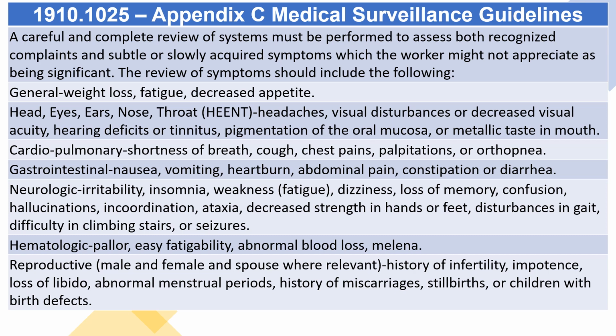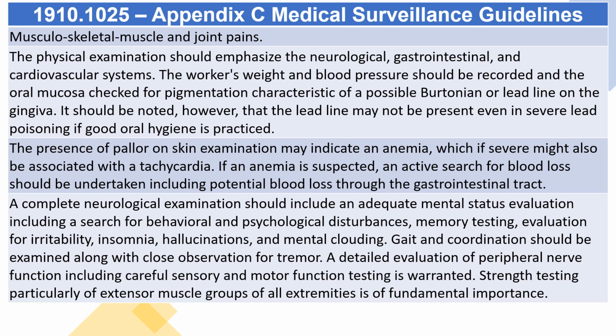Neurologic: irritability, insomnia, weakness, fatigue, dizziness, loss of memory, confusion, hallucinations, incoordination, ataxia, decreased strength in hands or feet, disturbances in gait, difficulty in climbing stairs, or seizures. Hematologic: pallor, easy fatigability, abnormal blood loss, melena. Reproductive, male and female and spouse where relevant: history of infertility, impotence, loss of libido, abnormal menstrual periods, history of miscarriages, stillbirths, or children with birth defects. Musculoskeletal: muscle and joint pains.